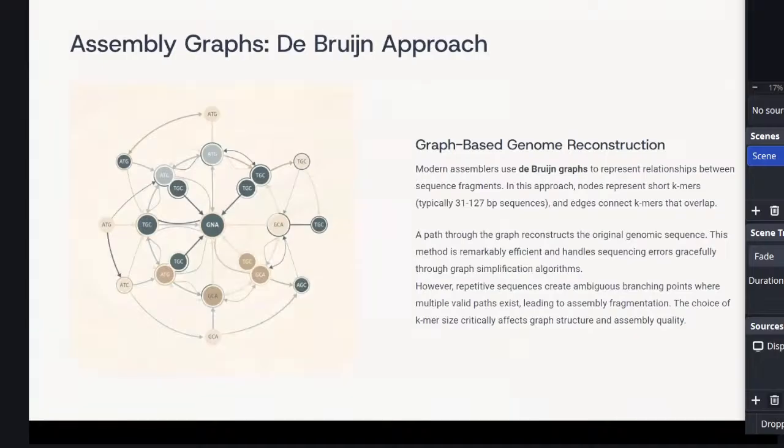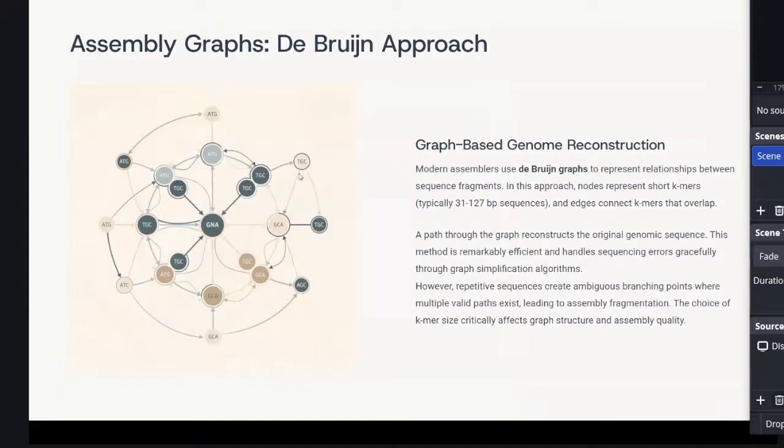Okay, so again, there are some challenges. Repetitive sequences again create these ambiguous branches. You can see this is an animated picture of such a graph.